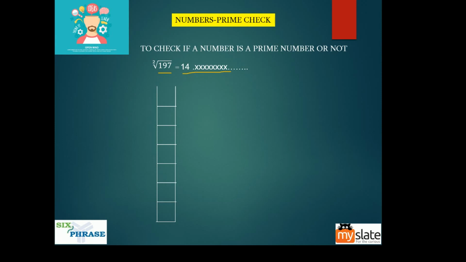You have to look for prime numbers below 14. What are the prime numbers below 14? 13 will come here, 11 will come here, 7, 5, 3, and 2 will come here.